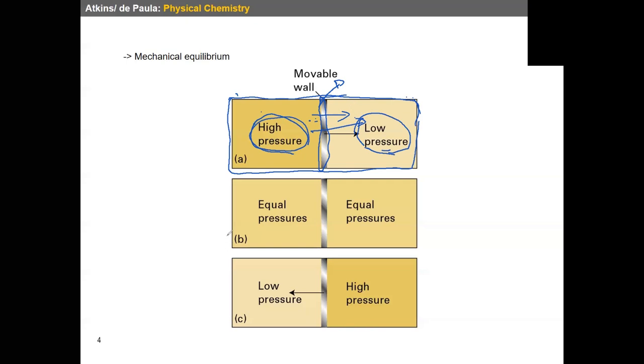What about example B? In the same box, the left and right-hand sides have equal pressures. So what will happen to this movable wall? Yeah, it will not move in any direction.